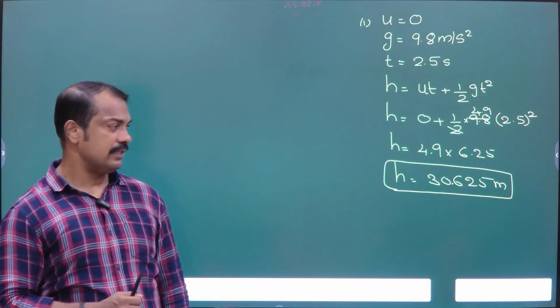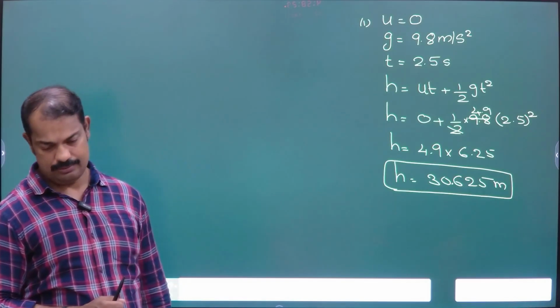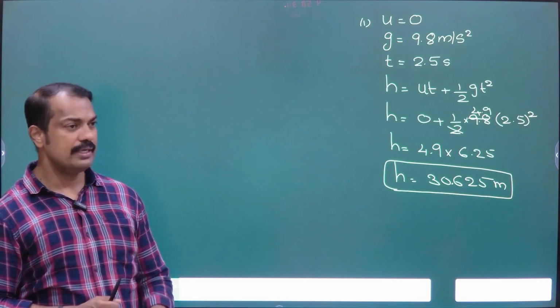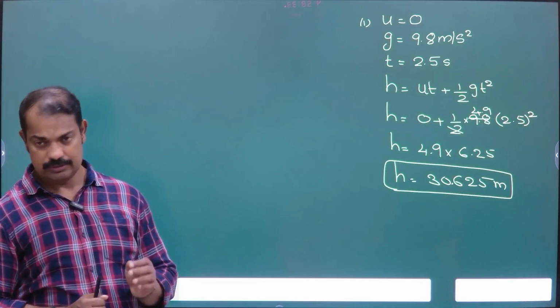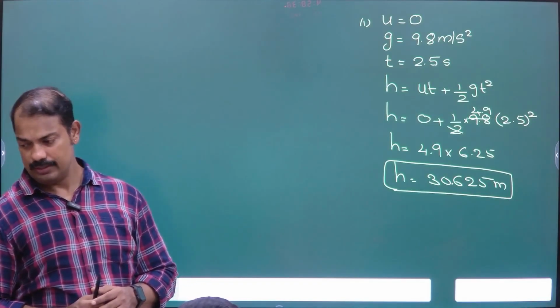Or write in bracket g equal to 10 meter per second square. So no need to take 9.8, it is already given in the question, g is equal to 10 meter per second square.